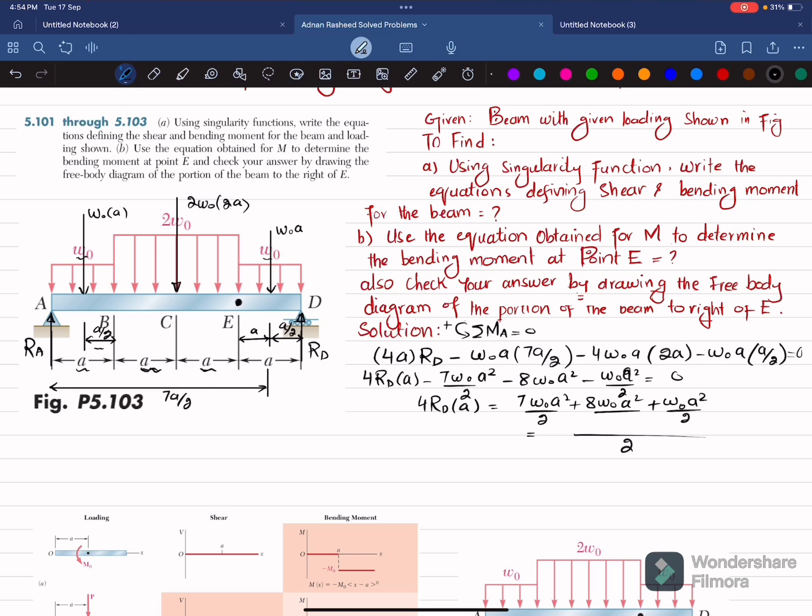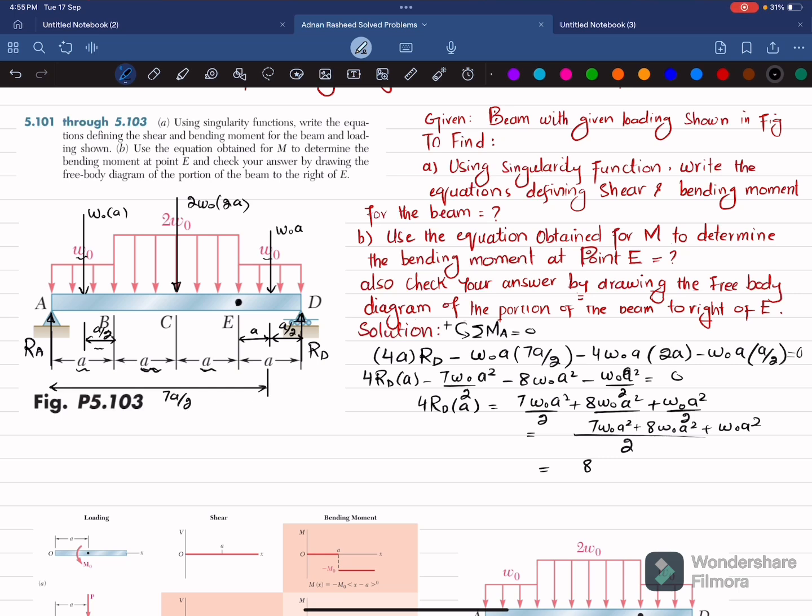So this is 2. So this will be 7W naught A square plus 8W naught A square plus W naught A square.